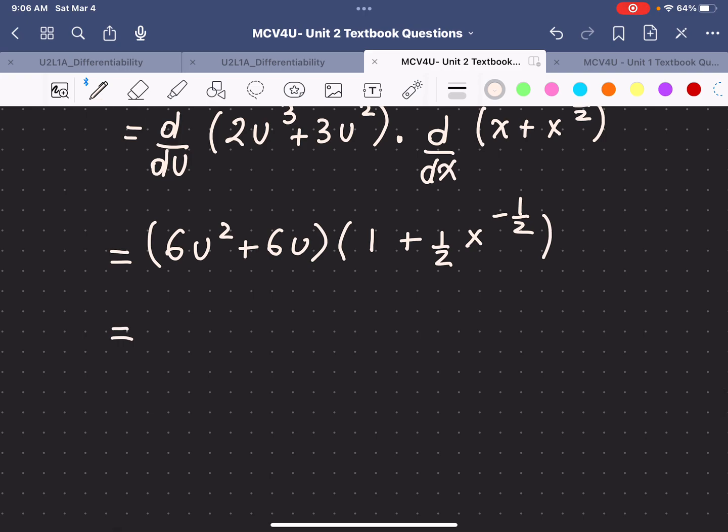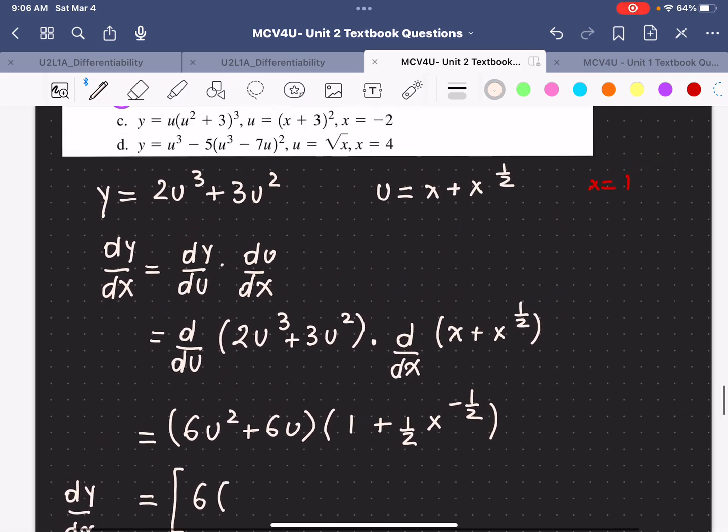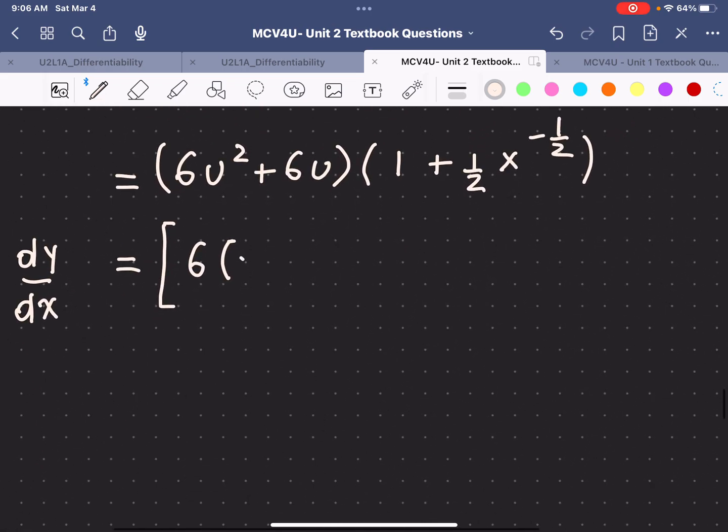And now we have to express dy/dx in terms of x. So a little bit of algebra involved in here. So we'll have 6. The value of u in terms of x is x plus x to the power of 1 over 2. This will be squared.